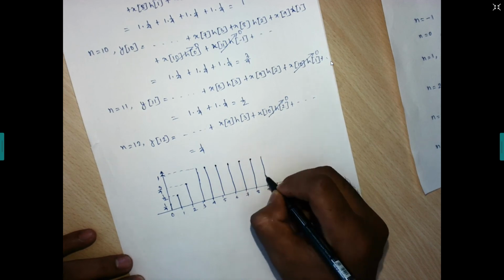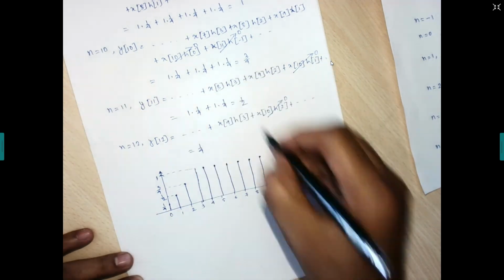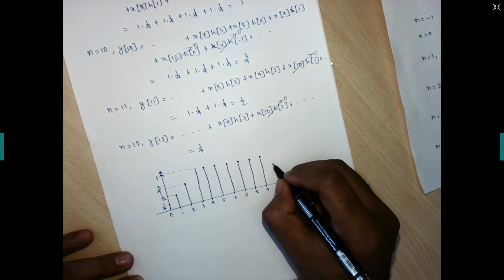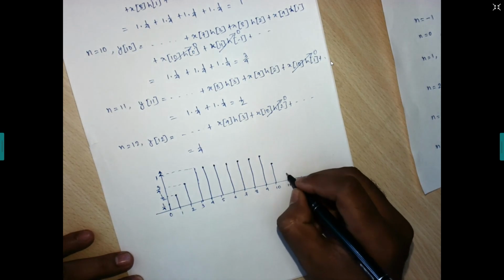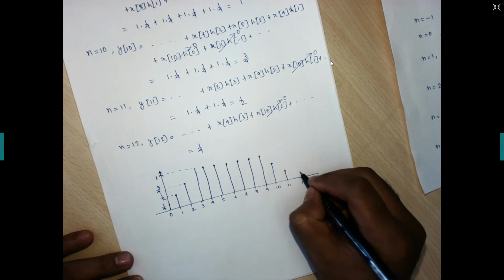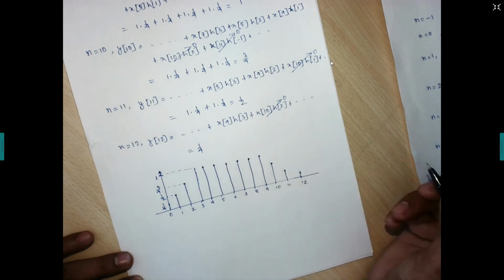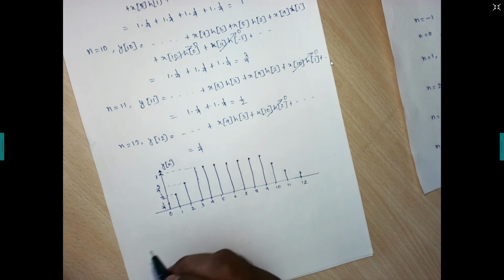Now at 10 we are having again 3 by 4. So here we are having 3 by 4. At 11 we are having half. And at 12 we are having again 1 by 4. So like this. So this is the plot of this y of n. Clear? Any doubt? Any doubt up to this?